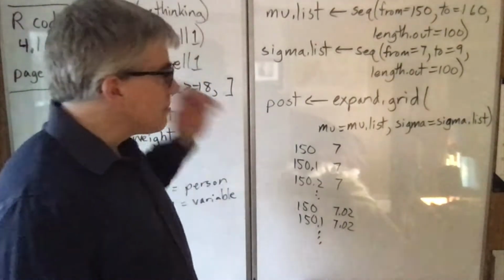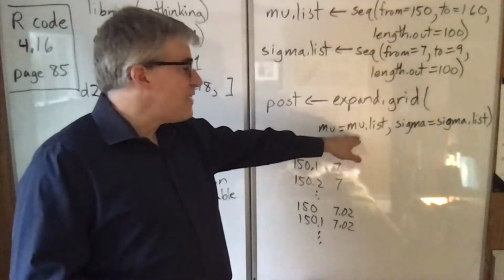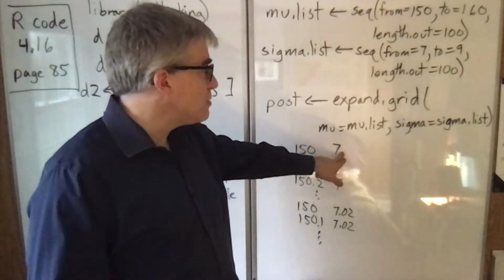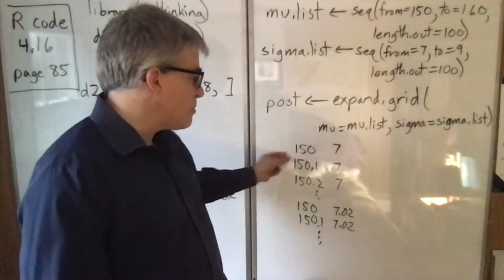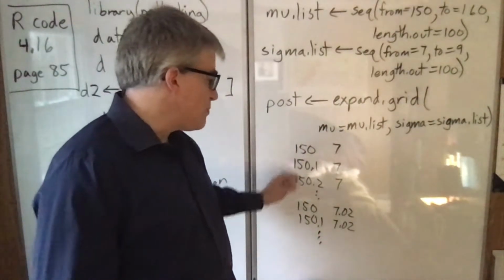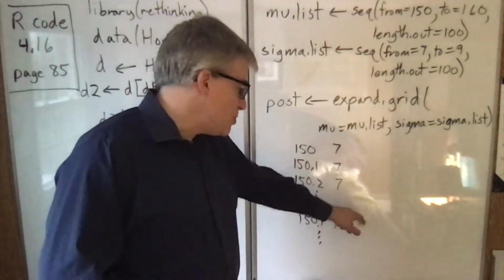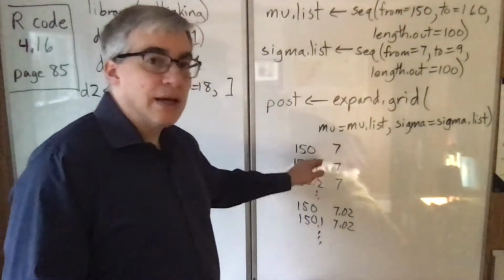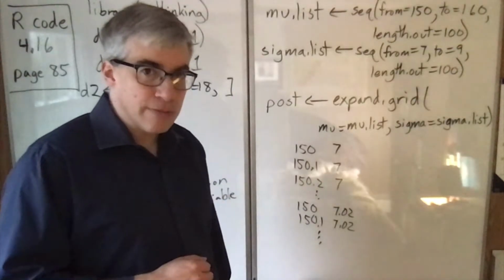So the first entry is the mu, so it's going to cycle through all the values in the mu list first. So it's going to take the first value of sigma, 7, and do 150, 150.1, 150.2, etc. Then once it finishes that, gets up to 160, it will then go to 7.02 and do 150, 150.1 with 7.02, etc. And there will be 10,000 of these rows with 2 numbers each.